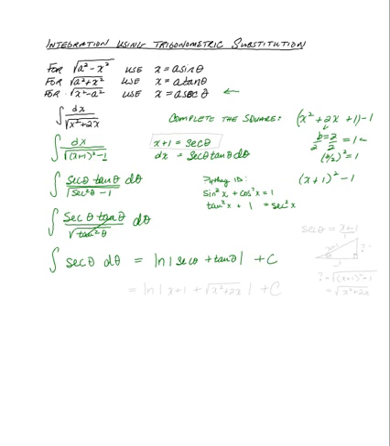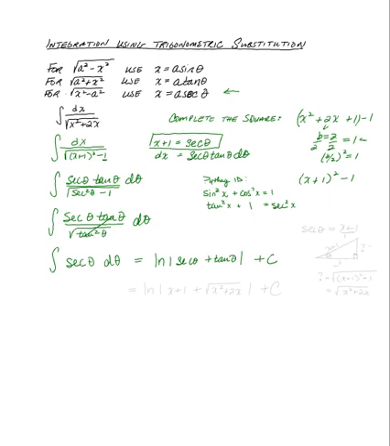So now what we're going to do is we've got to go back to x's because we were in thetas. And that's not what the original problem was. The original problem was x's. So I need to use this relation right here to go back from theta to x. Using trigonometric relations, we're going to use a triangle.